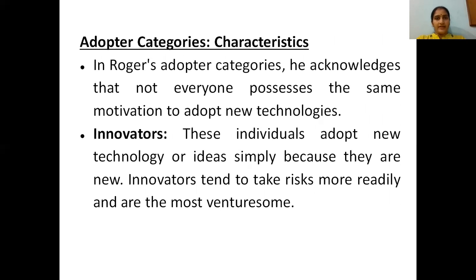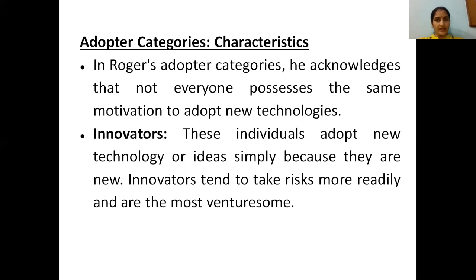Now, the adopter categories, what are their characteristics? How can we elaborate adopter categories? Let's see now. In Rogers' adopter categories, he acknowledges that not everyone possesses the same motivation to adopt new technology. This is the most important thing we need to understand.